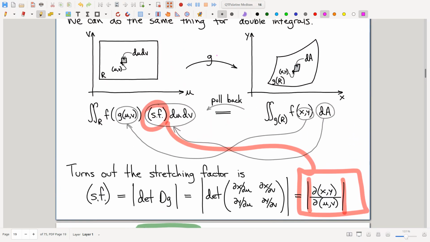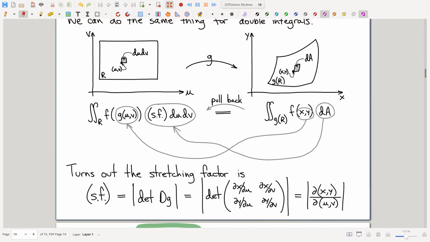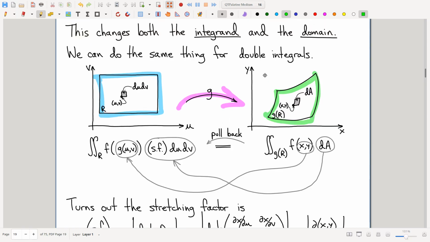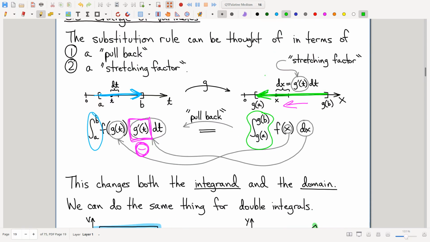So our setup was that we started by presuming that we have a domain here, and we were going to look by way of the change of variables function at literally its image. And then just like in the substitution rule, the integral done over the output domain turns into an integral that's over the input domain.